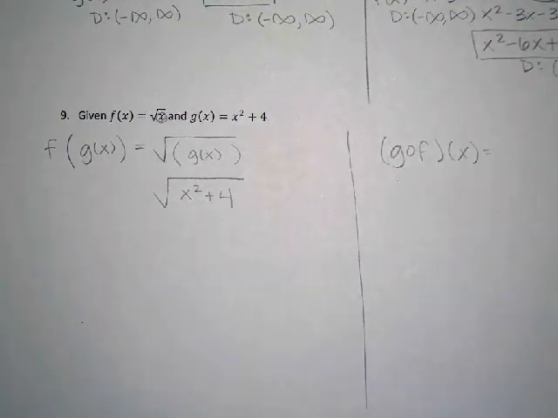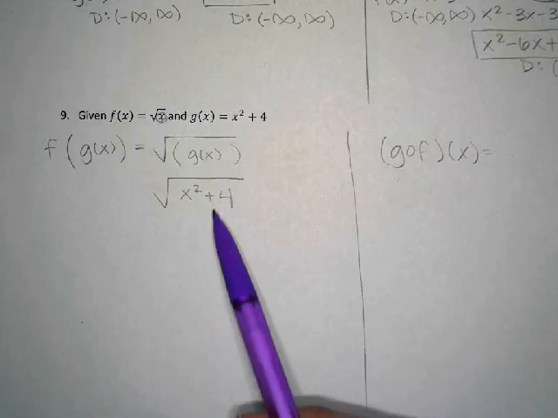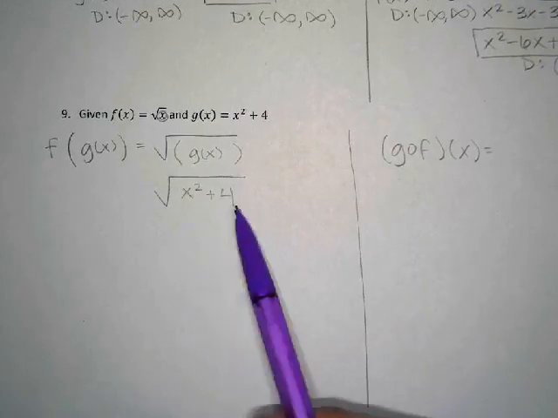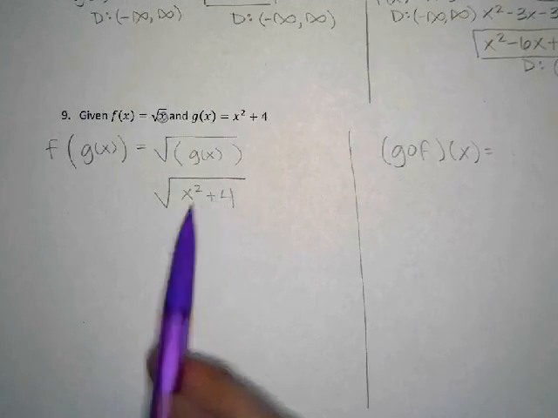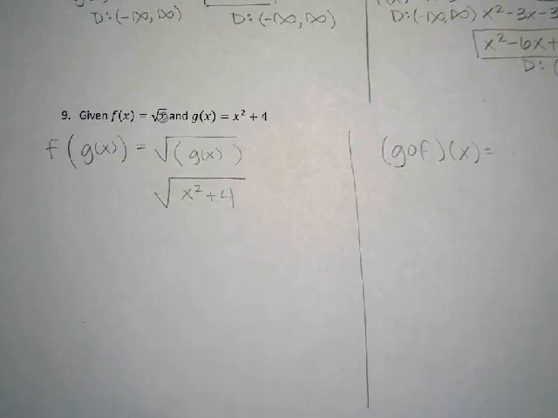Can we square root both of these, or do we have to leave it? It's exactly like the last problem. If you have a plus or a minus, you can't take it separately, because this is an exponent of 1/2.